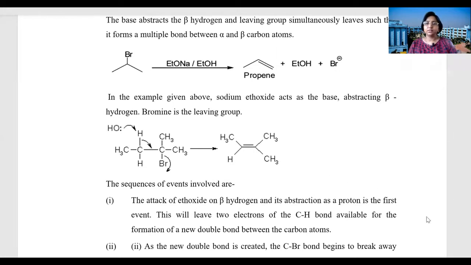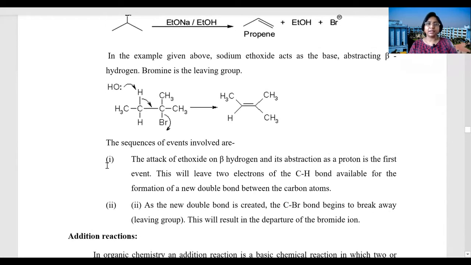So here the sequence of events involved is the attack of ethoxide on beta hydrogen and its abstraction as a proton is the first event.